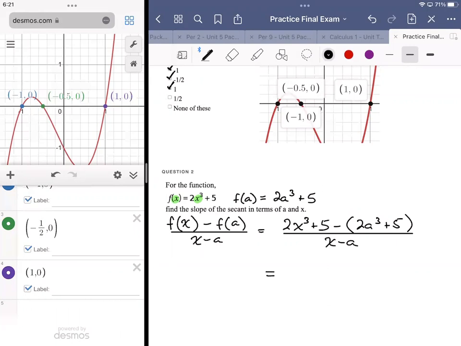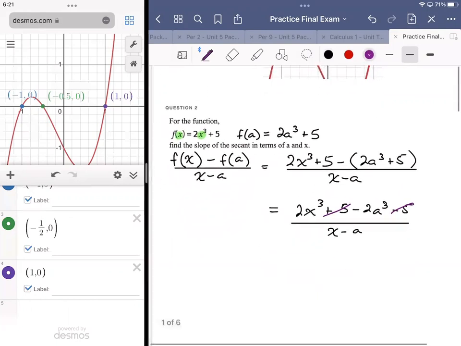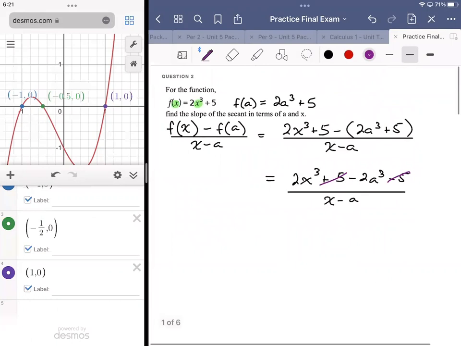Distribute. Simplify, combining like terms, all that good stuff. 5 and -5 would cancel, and that would give me up top 2x cubed minus 2a cubed over x minus a.